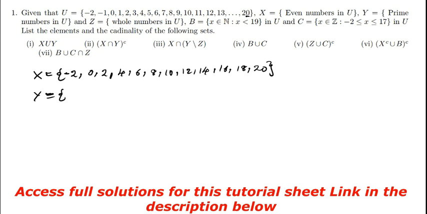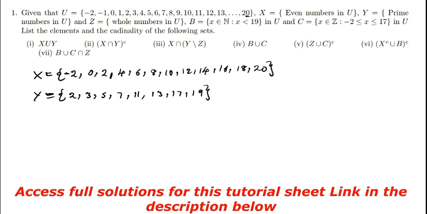So the elements of set Y are going to start from 2, then 3, 5, 7, 11, 13, 17, and 19. A number which is divisible by 1 and itself only is a prime number, and it has to be a positive number.